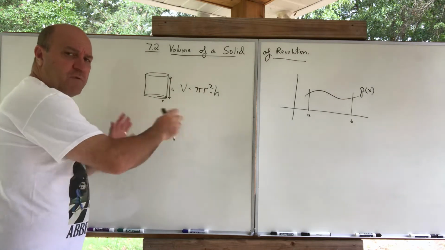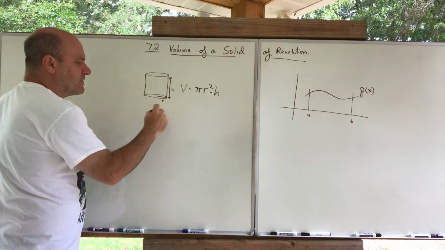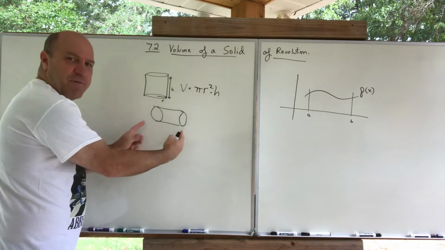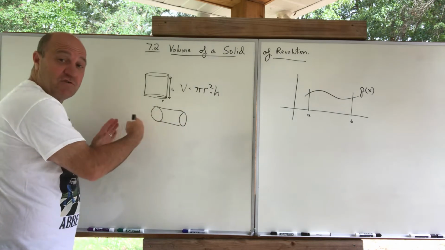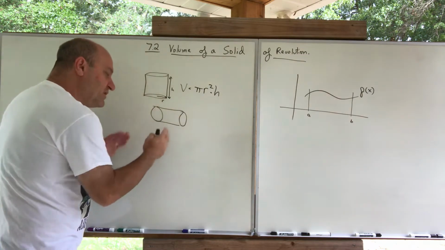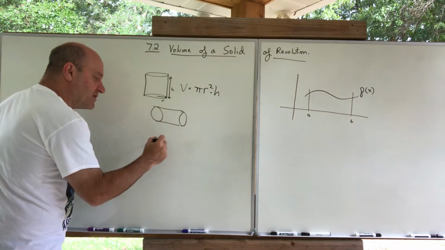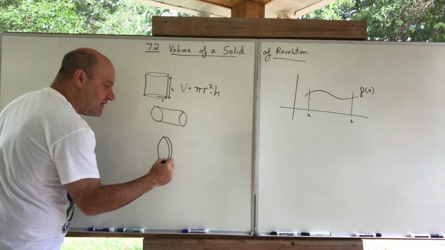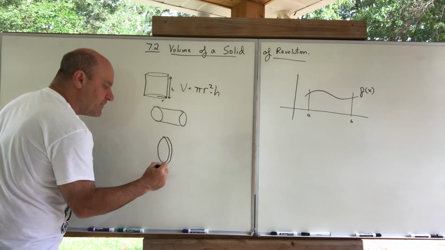Okay, what if it was turned sideways? Same thing. You just might not call that height, maybe you'd call that length, but it's pi r squared times the length or the height. And what if it was turned sideways and made very thin?